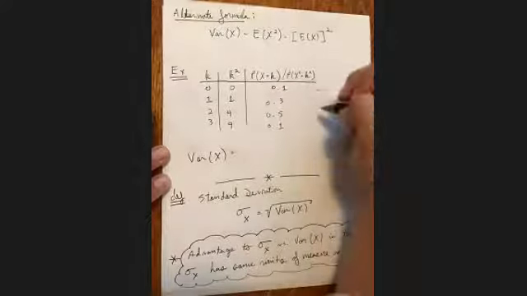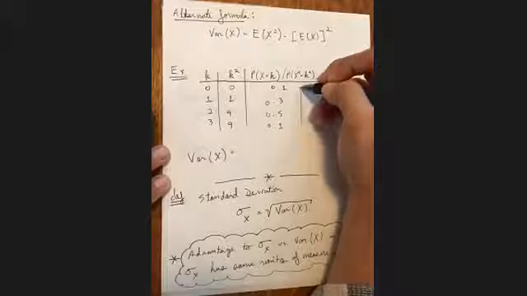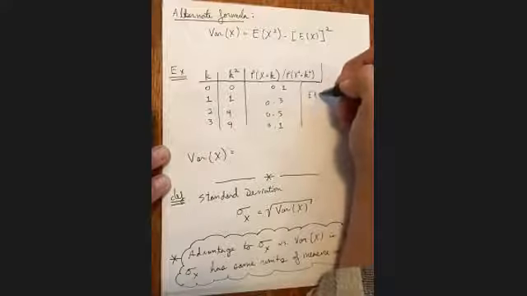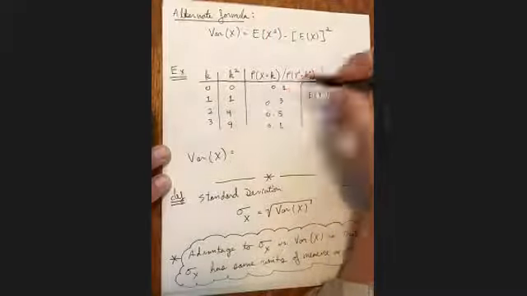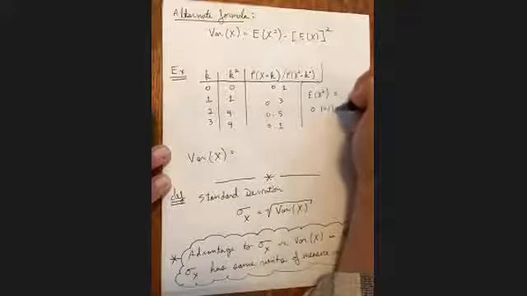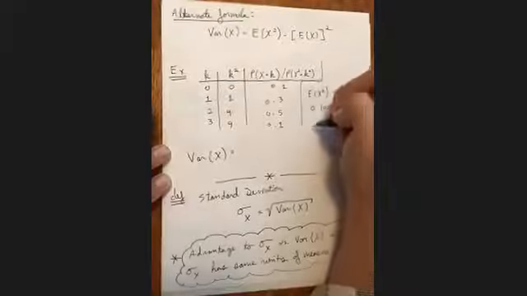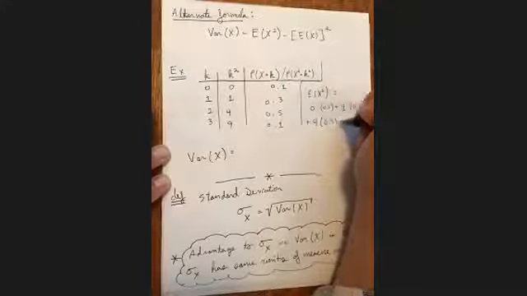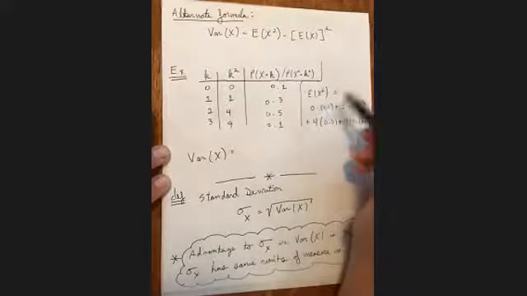So let me do that. Right over here. So expected value of x squared is equal to, take the values for x squared, 0, then multiply by the probability, plus 1 times the probability, plus 4 times the probability, plus 9 times the probability. So that would be the expected value of x squared.